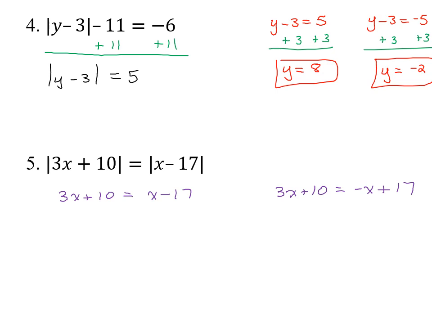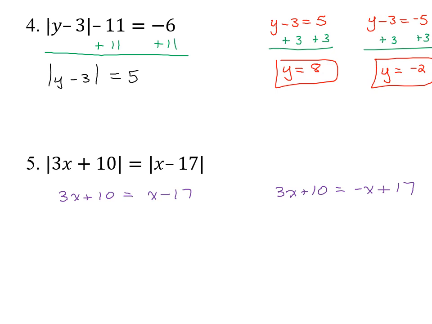Just like with the 5 up above it, I made the 5 positive 5 on one equation and negative 5 on the other equation. Here, I take one side or the other. I'll take the right-hand side, and I leave it the way it is, x minus 17. And on the other equation, I make it the opposite of what it is, negative x plus 17.